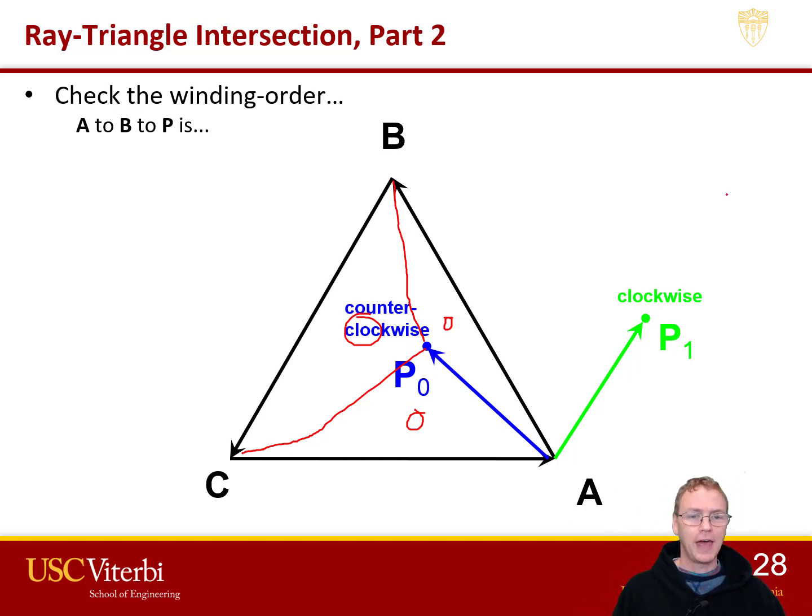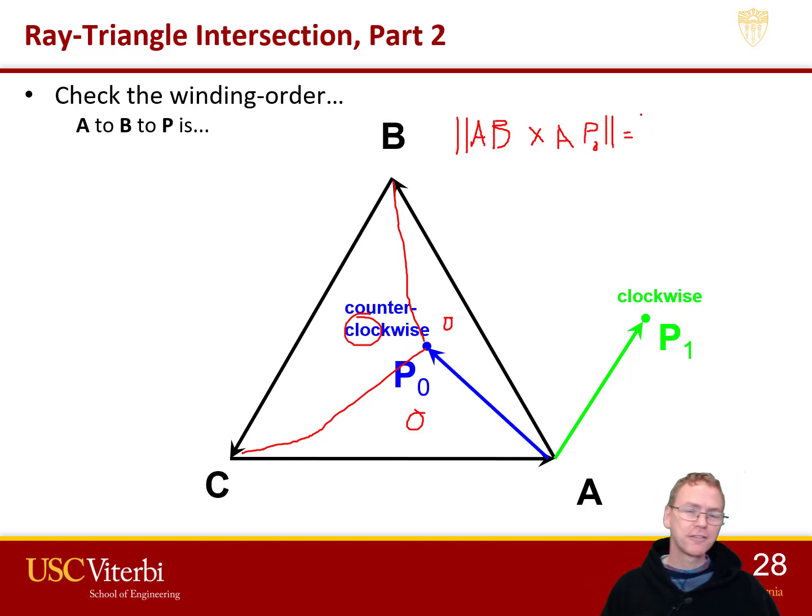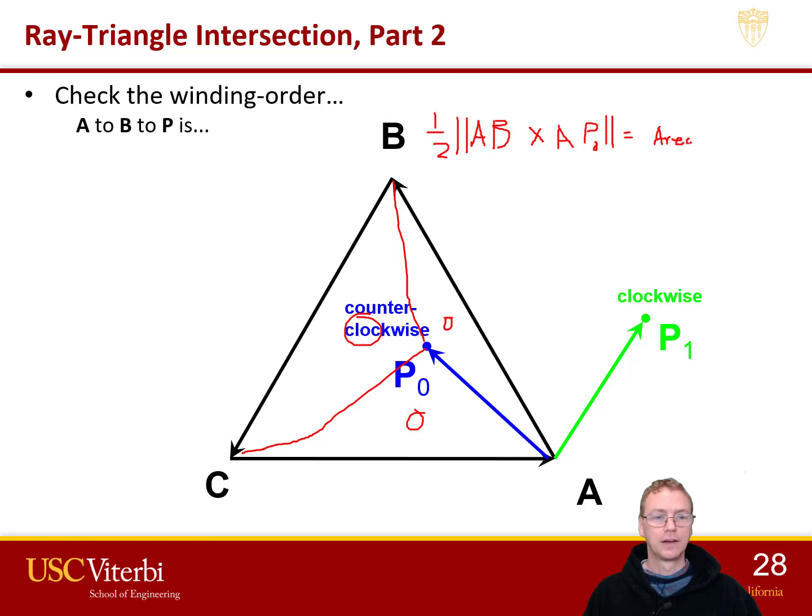You might remember that the cross product, let's say AB cross AP0. The magnitude of this cross product equals 1/2 the area, no, I'm going to put the 1/2 on here. 1/2 the magnitude of that cross product is the area of the triangle ABP0.